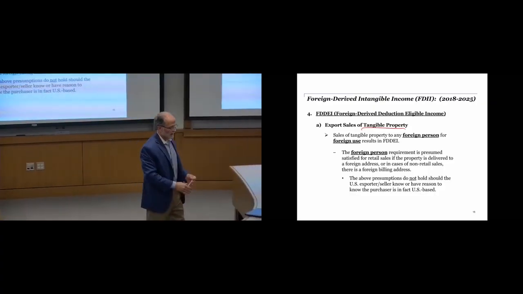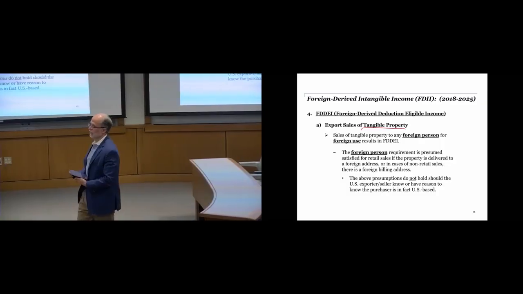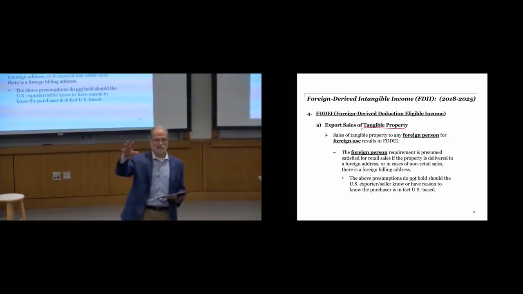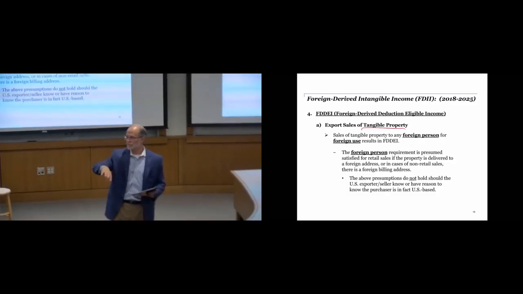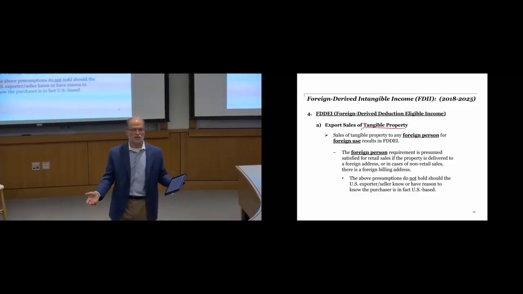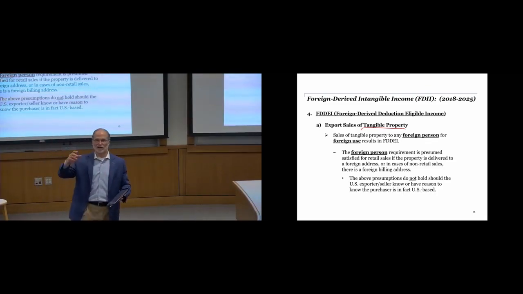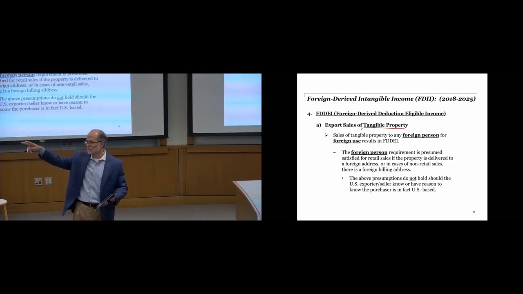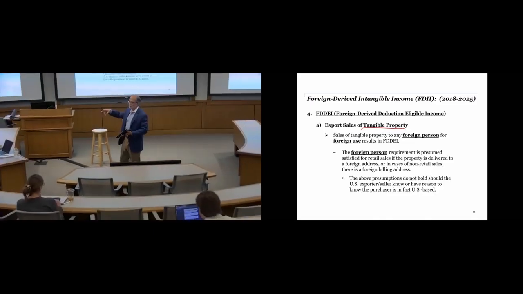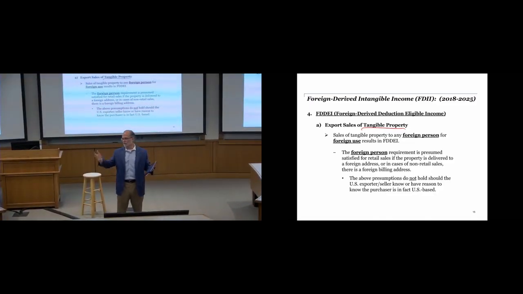So when they came out with regulations on this, taxpayers are like, oh my gosh, you're giving us this tax reduction by virtue of a deduction to incentivize this activity, but you're putting all this administration on us. You're having to maintain all this information about, is this a foreign person? Is this a foreign use? The government said, yes, understood, but we have to make sure that that is in fact your facts.